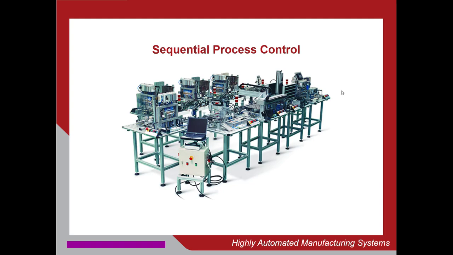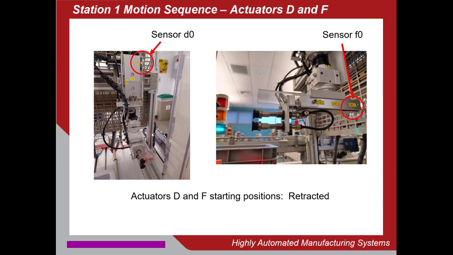In the case of the HAS 200, those actuators are mostly pneumatic. So for example, there are two actuators on the HAS 200, actuators D and F, and they work together to move the vacuum cup assembly down and then out to pick up a box. Actuator D, you can see here on the left, is in its retracted position, and the sensor D0 is active.